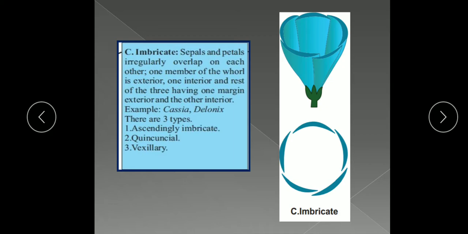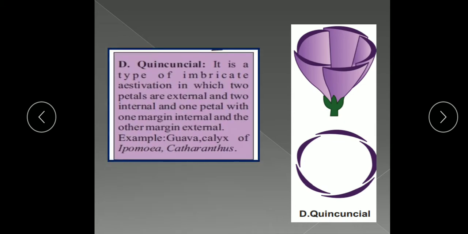Further, they are of three types: ascendingly imbricate, quincuncial, and vexillary. Vexillary is in your syllabus. We will see one more here: the quincuncial type of arrangement, a type of imbricate estivation where two petals are external. You can see here these two are external. So two petals are external and two are internal, meaning both are on the inner side, and the other margin is external.